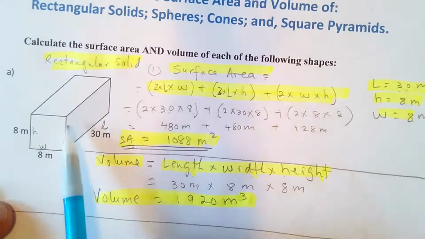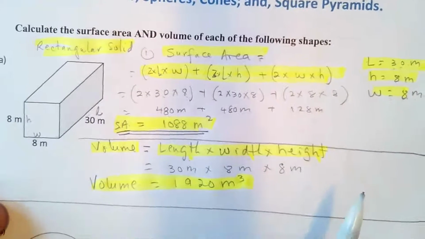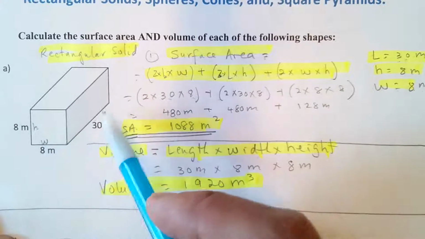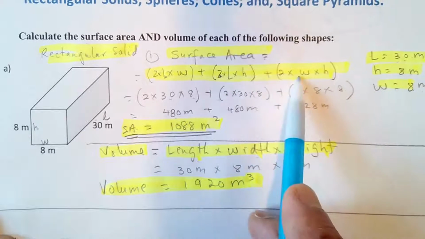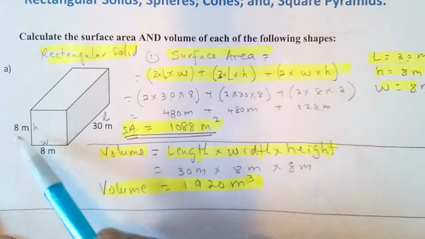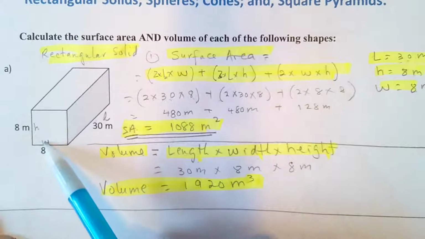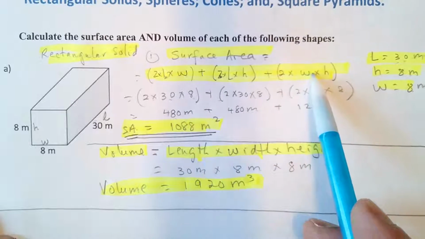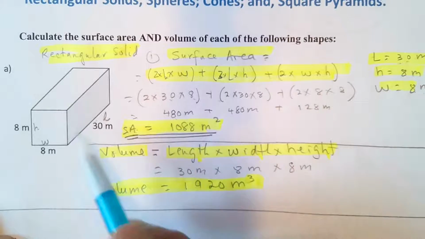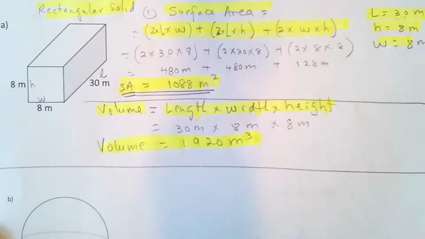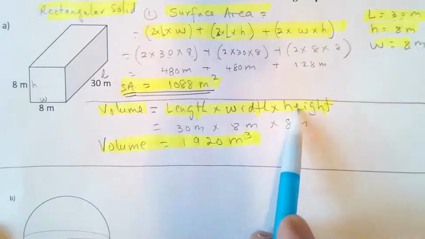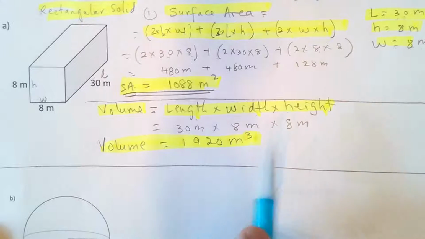The next step, we look at our diagram and label it width, length, and height based on what our formula requires. Then once you determine the dimensions, substitute the values for the width, height, and length into our formula, and then you do your calculation. For surface area, it's squared because it's 2 dimensions. For volume, we record the volume formula, substitute the values for the length, width, and height, and calculate to give you cubic.